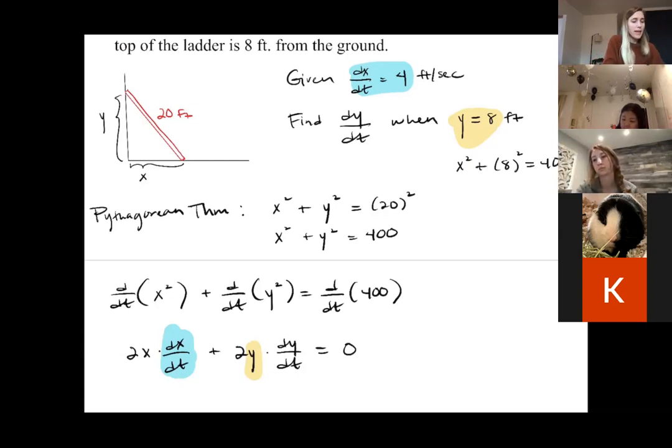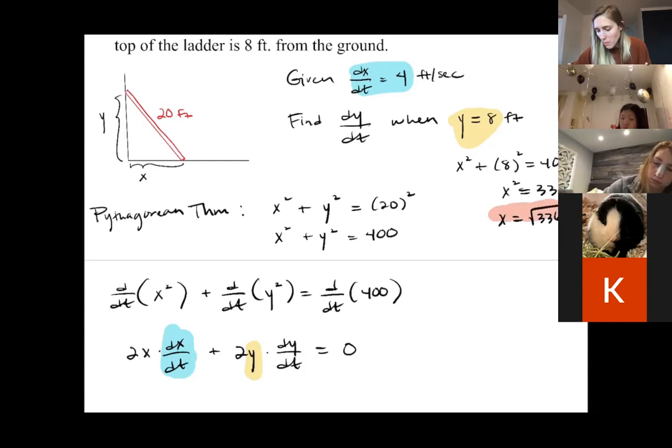So that would be, I don't have a calculator by me, that would be x squared equals 336. So x would be equal to the positive square root of 336 feet. I'm just going to leave it like that. And I'm going to plug in the positive square root of 336 for x.